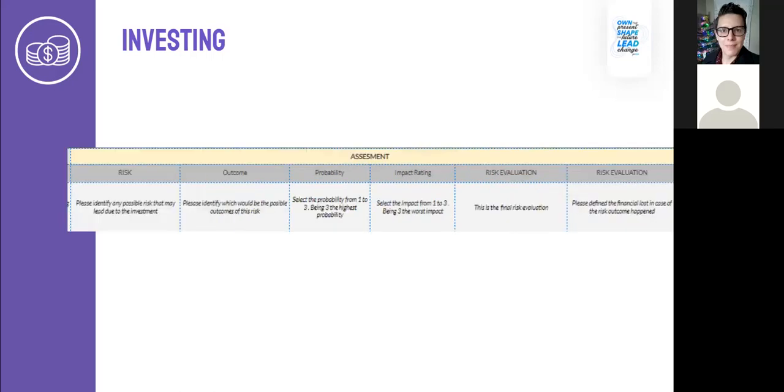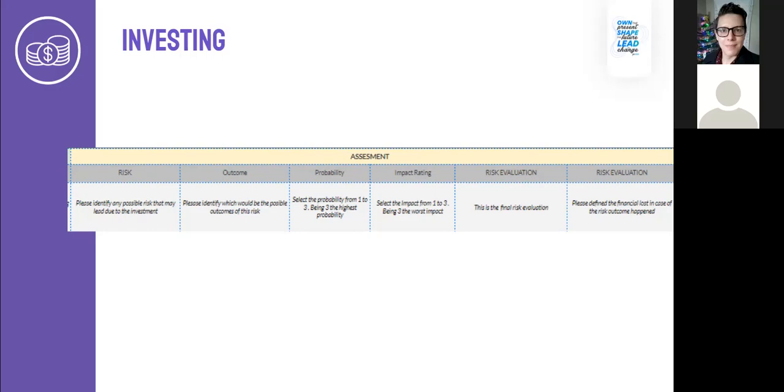This is mostly the same as the risk management tool that you should be checking. You first identify what is the risk of the investment, what could be the outcome of that risk, what is the probability, and the probability is a measure from 1 to 3, 3 being the highest, and the impact that it may lead to.